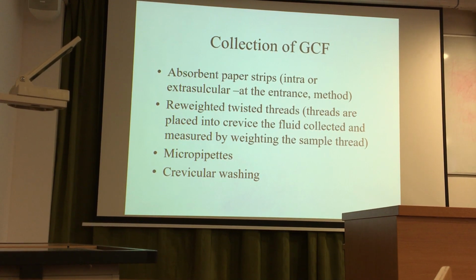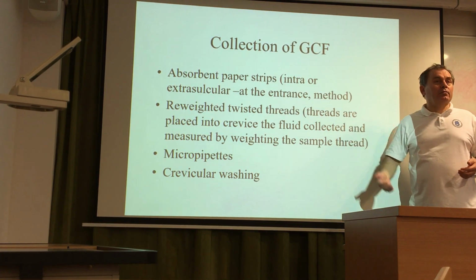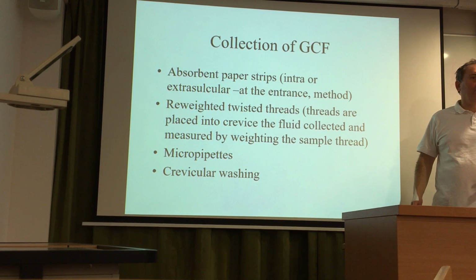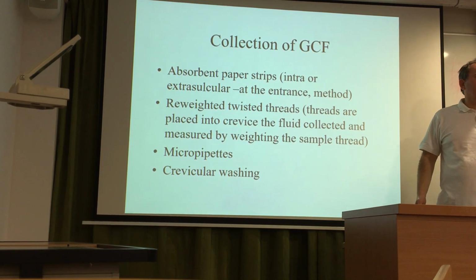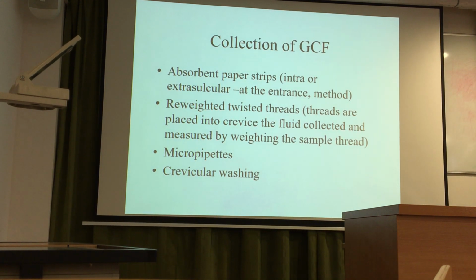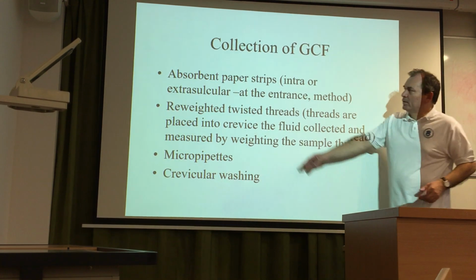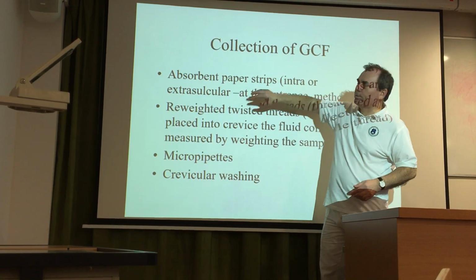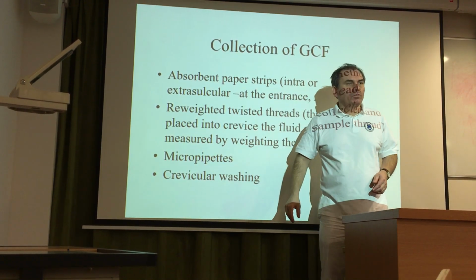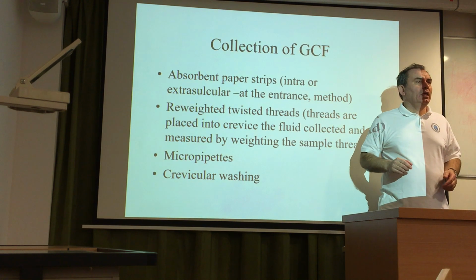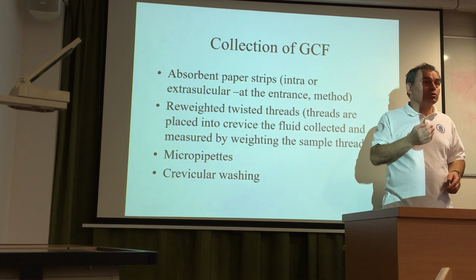When the production is very low or very high, it may mean a pathological situation, okay? So changes in production are important. We have these methods. These are important methods. Absorbent paper strips, for example. This is the most important and most frequently used.